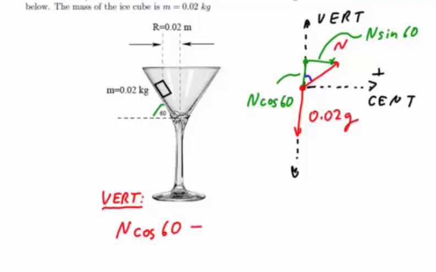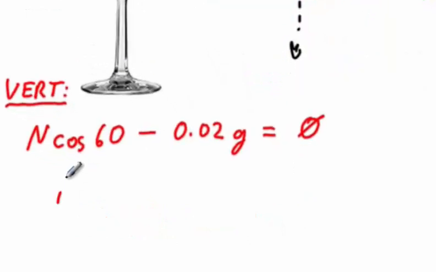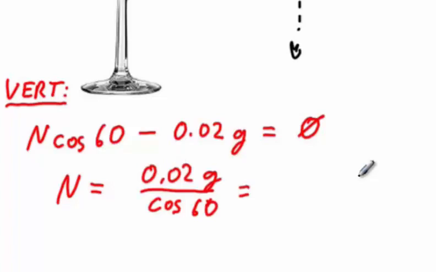The force in the minus direction is m times g, and the sum of the forces is m times a, where the acceleration is 0. This equation has only one unknown, the normal force, which gives the numerical result 0.392 newtons.